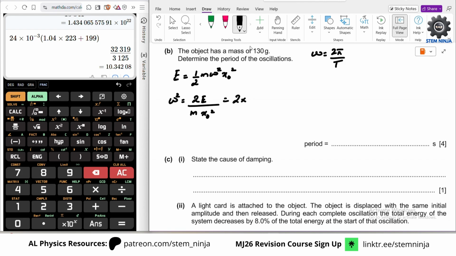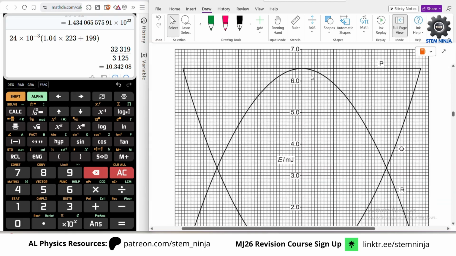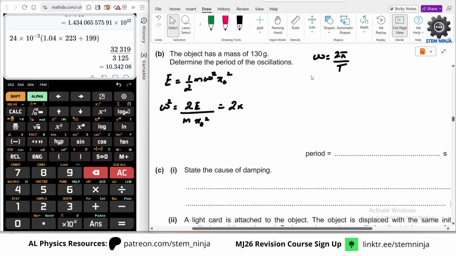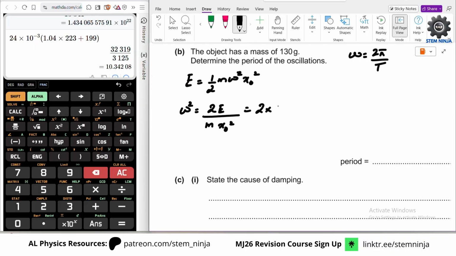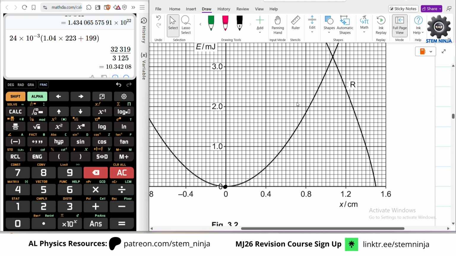E is 6.4 millijoules, divided by the mass, 0.130 kilograms, and the maximum displacement is this.